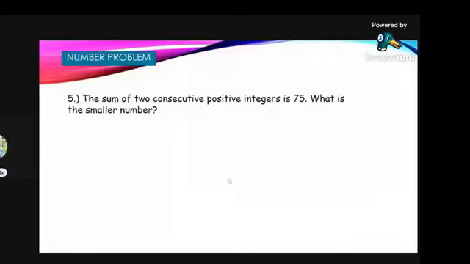What is the smaller number? Okay, comment down your answers.